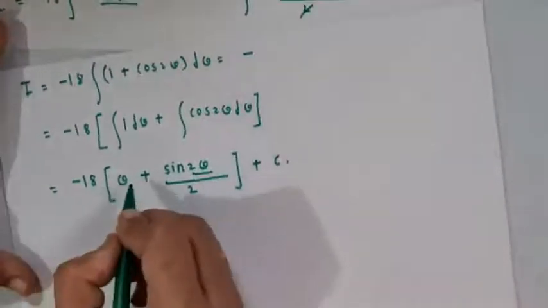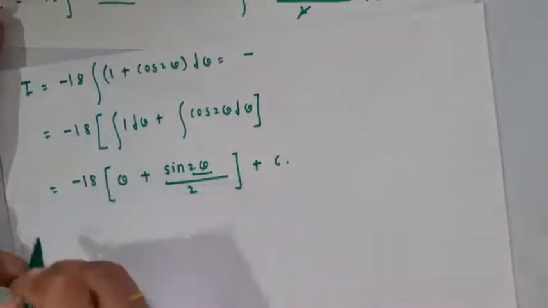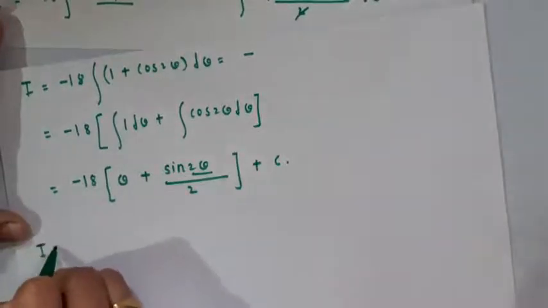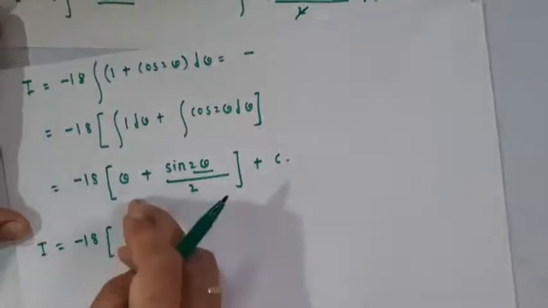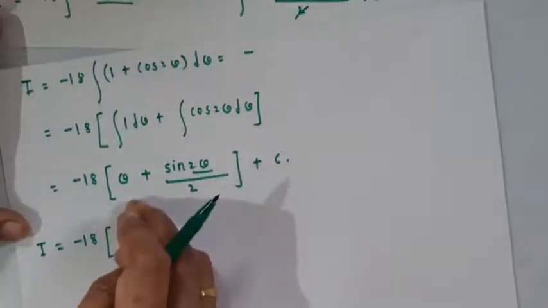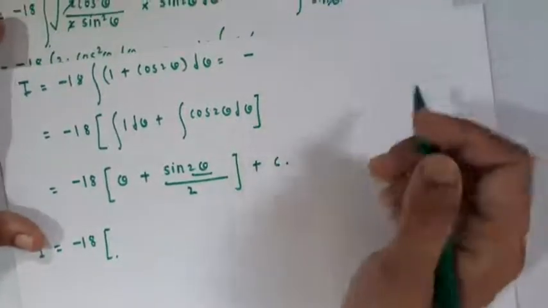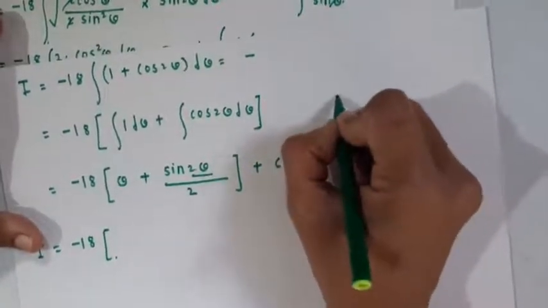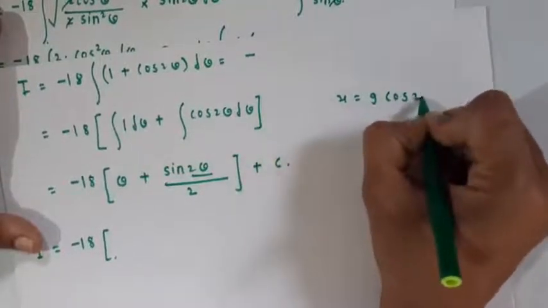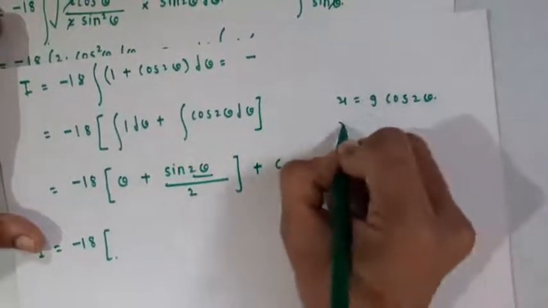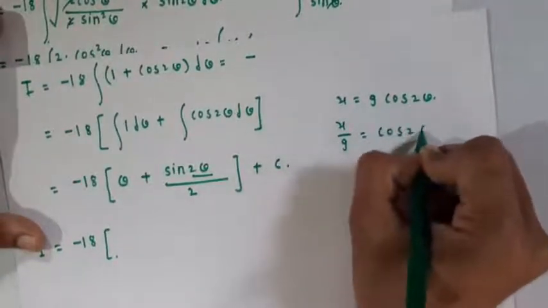Okay, now substitute the value of theta. So here I equal to minus 18 as it is, put the value of theta. Here the value of theta, as we substituted, that is x equal to 9 cos of 2 theta, and therefore x by 9 equal to cos of 2 theta.